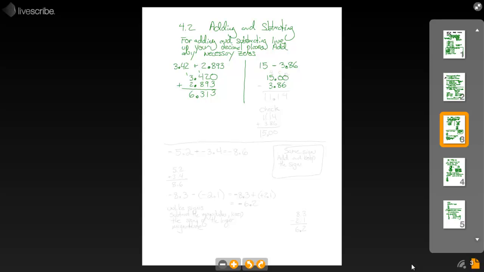But on ours, when we're subtracting, I really need those zeros. Because then it gives me, I'm going to borrow all the way across. So that's going to become a 4. That's going to become a 9, and that's going to become a 10.